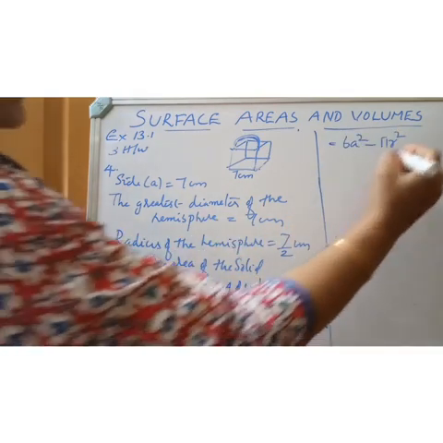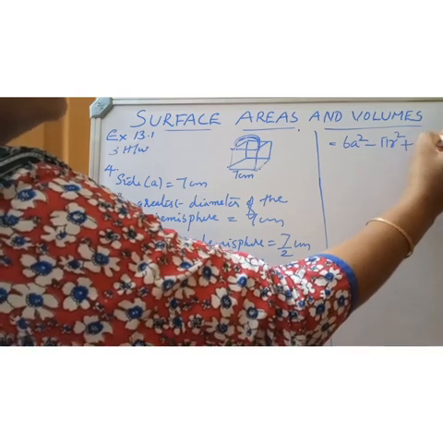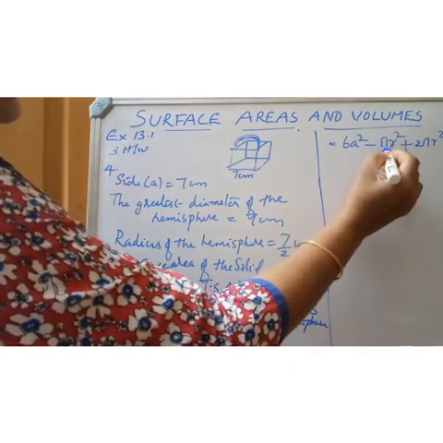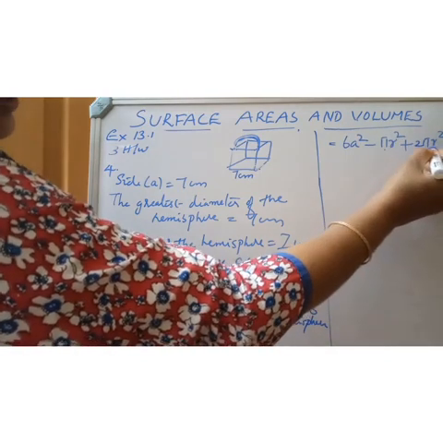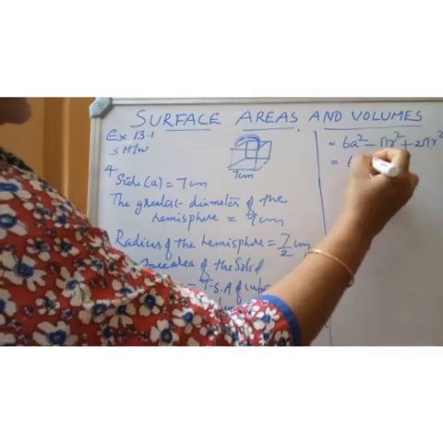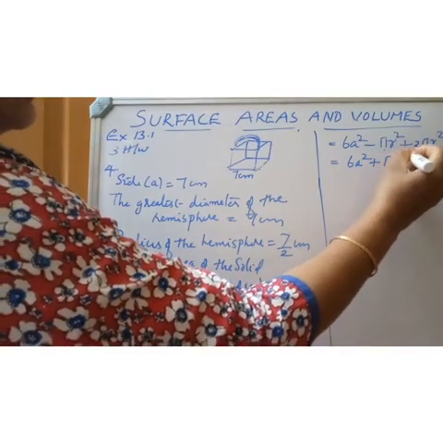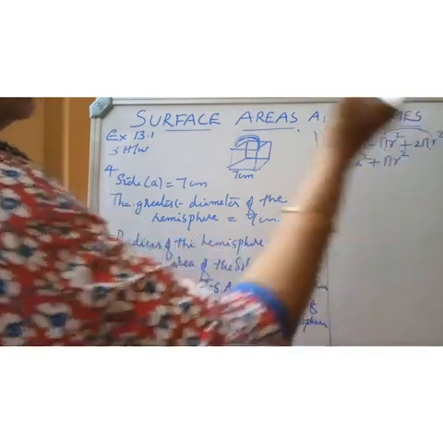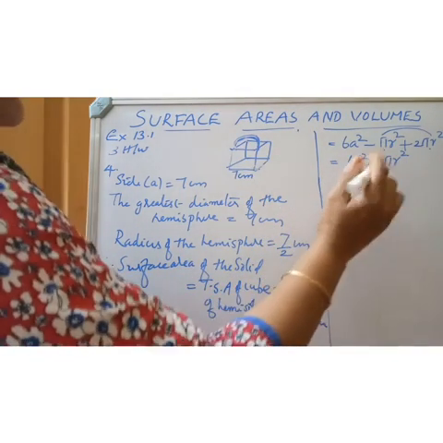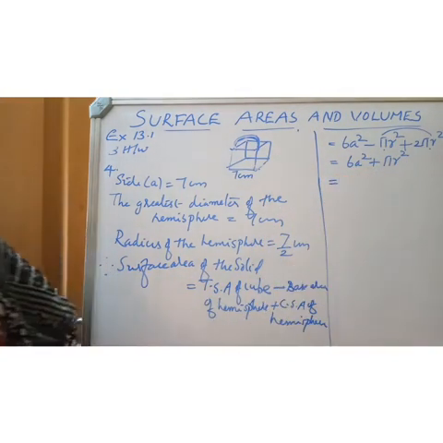Plus CSA of a hemisphere, what is the formula? 2 pi r square. Okay, so we can club this. Pi r square, here also pi r square. So 2 pi r square minus pi r square, what will come? Pi r square, because these two are like terms. Okay, so we add together and we will get the final formula as 6a square plus pi r square.